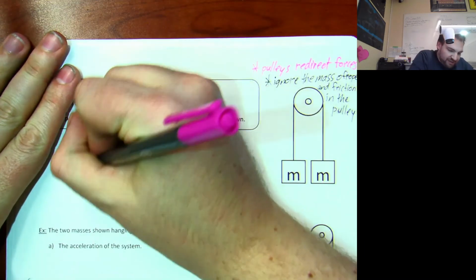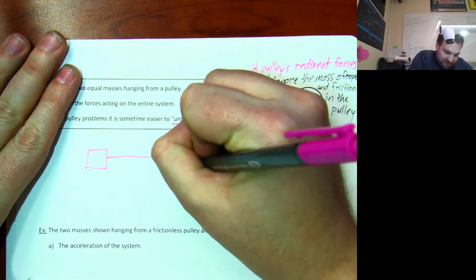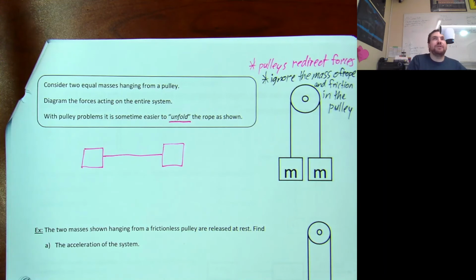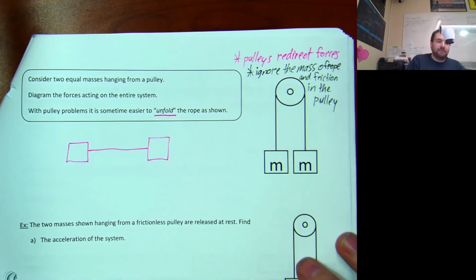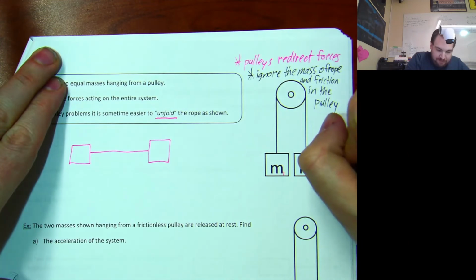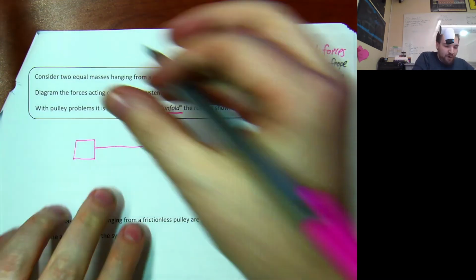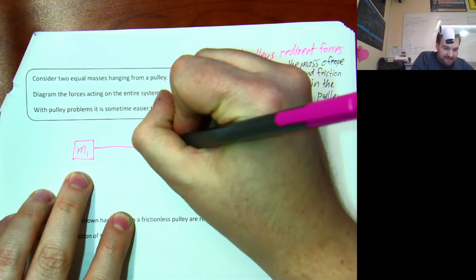So this turns into a system that looks like one we're used to seeing. I'm going to label the left mass M1 and the right mass M2.